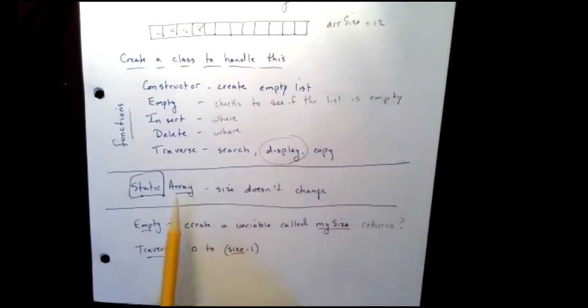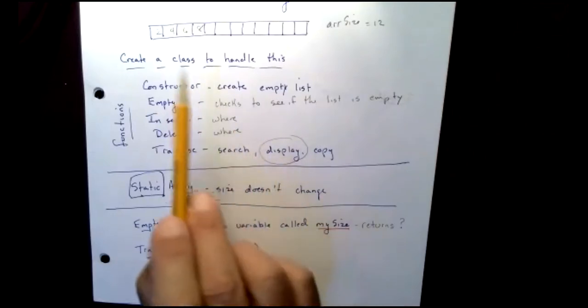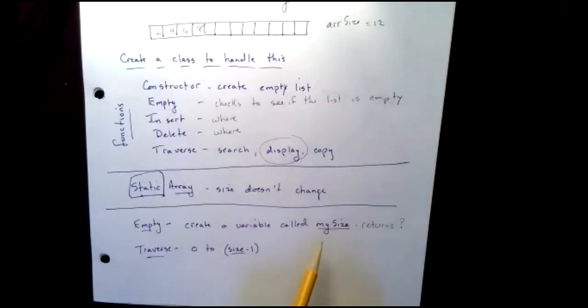Next thing I want to talk about is the function empty. Create a variable called mySize. All right. And mySize right now with this array would be set at 4. It's going to be the number of elements in the array. We can call it mySize, we can call it whatever, but you'll see in a moment why I call it mySize.